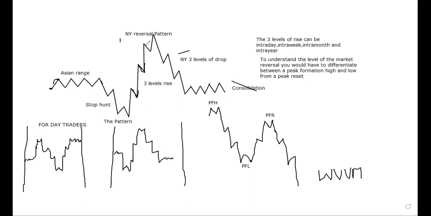Then an M signifying a reversal from this W. Then we have V1, V2, and M signifying a reversal. You know what I'm saying?